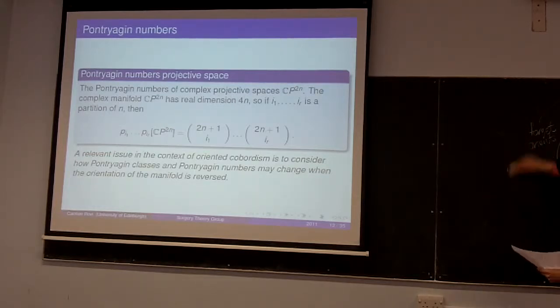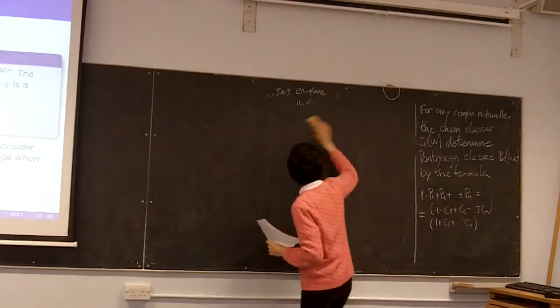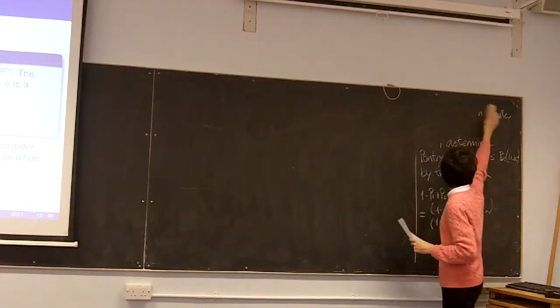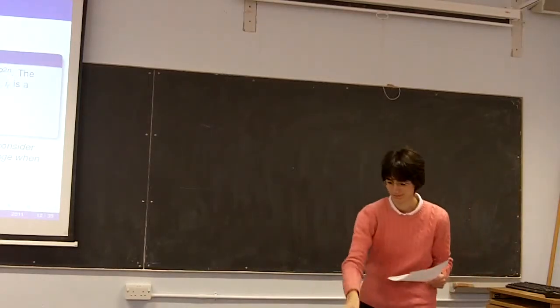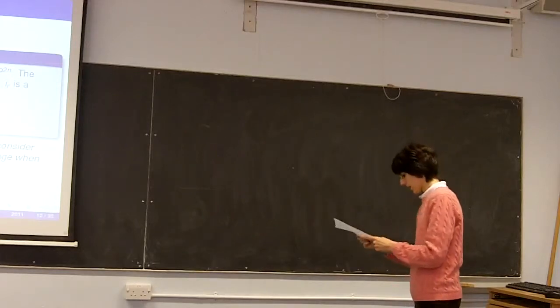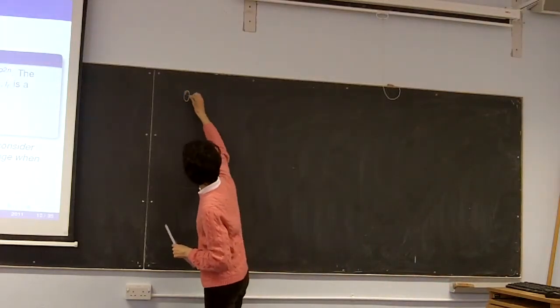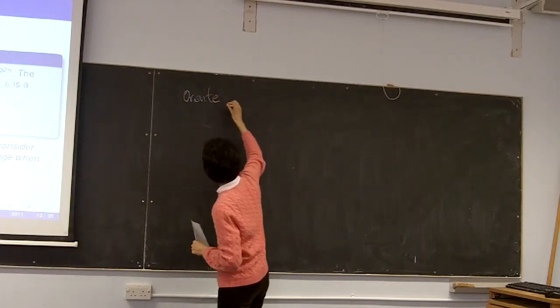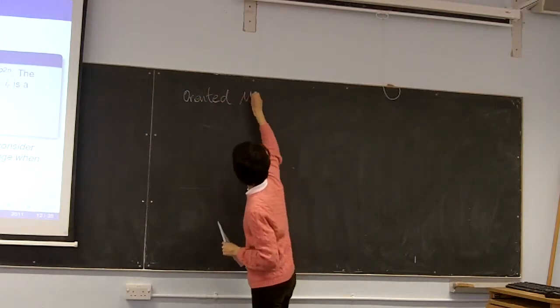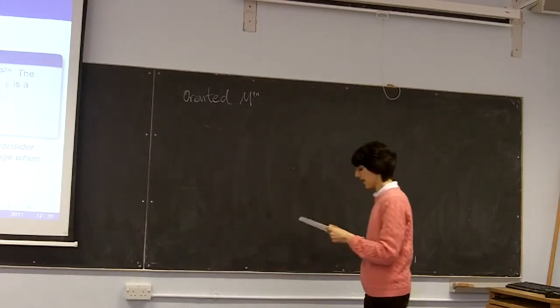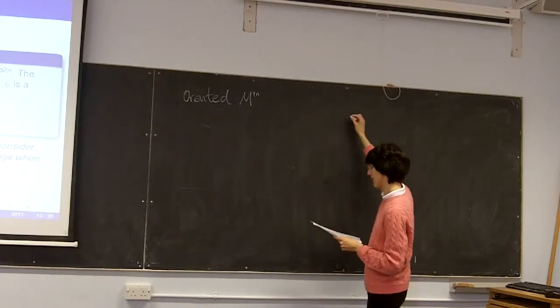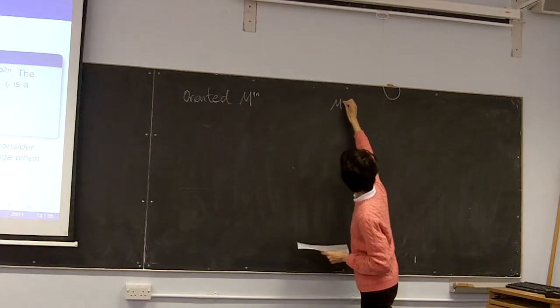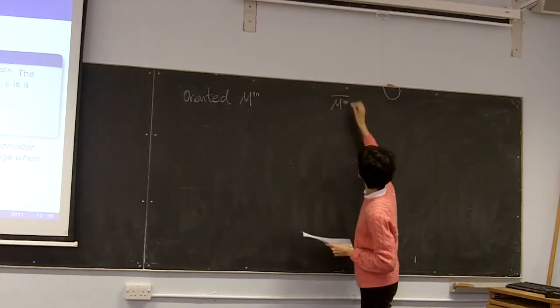So let us stop here for a moment. Say, for example, that we are going to be considering an oriented manifold, say M. And we also want to be considering at the same time the same manifold, but this time with orientation reversed.